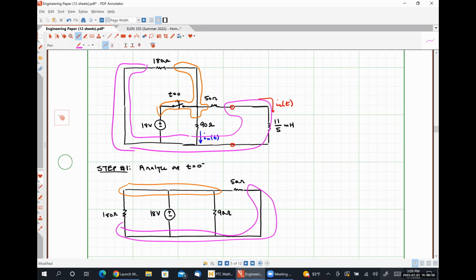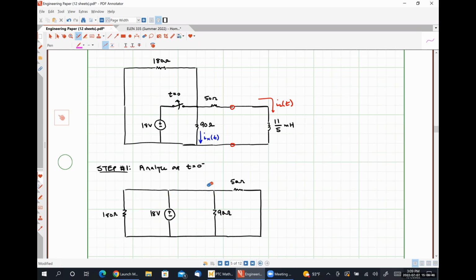I believe I have redrawn this circuit correctly, right? All right. So erase this big ugly blob.